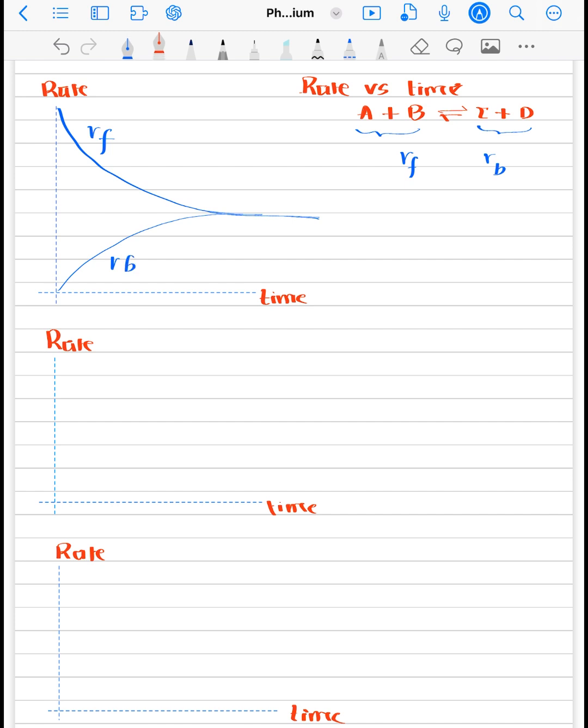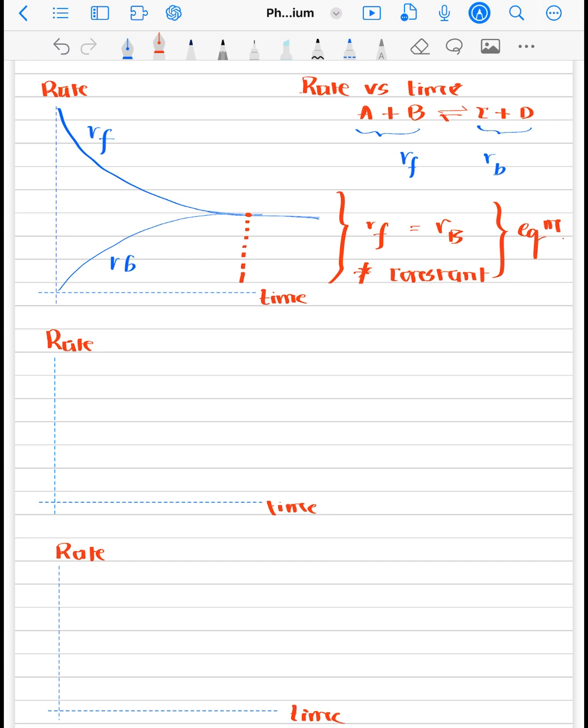But there will be a point after which both of them are constant and they are equal. So the rate of forward reaction will become equal to the rate of backward reaction, and also they are constant. Only in such cases we are going to consider that yes, the reaction is in equilibrium.